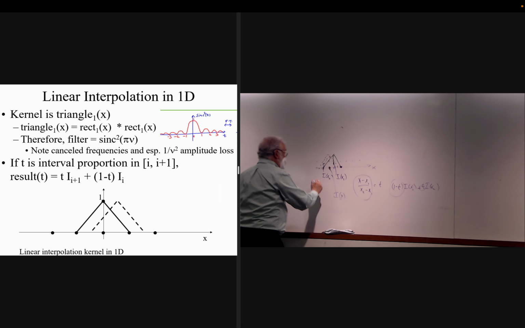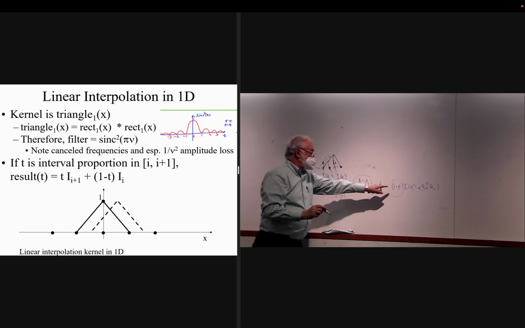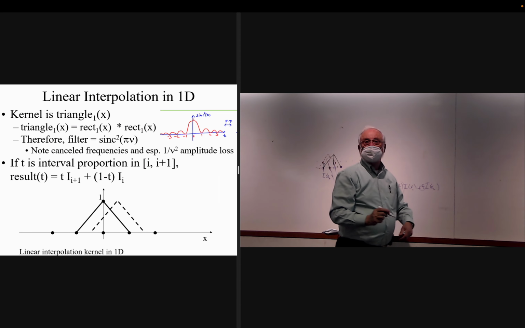And if you think about the values of the function, this dashed function here and here, they're exactly t and 1 minus t.